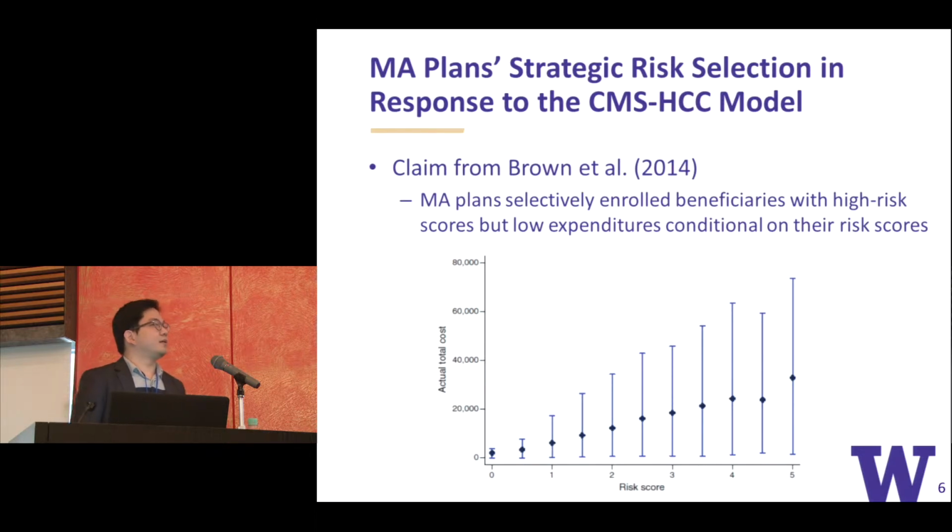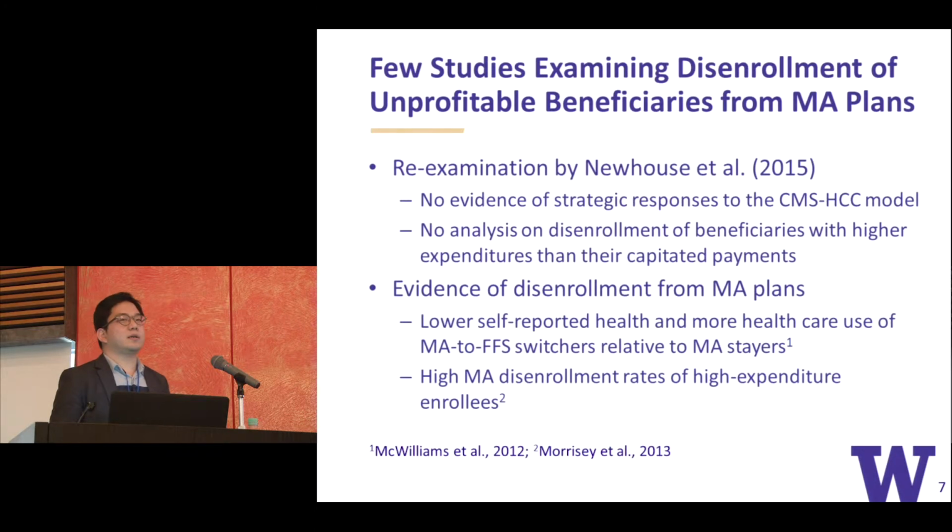This means that under the CMS-HCC Model, MA plans would want to selectively enroll high risk score people whose expenditures are lower than their capitated payments. But Newhouse and his colleagues re-examined the same research question, and they found that MA plans did not strategically behave in response to the CMS-HCC Model.